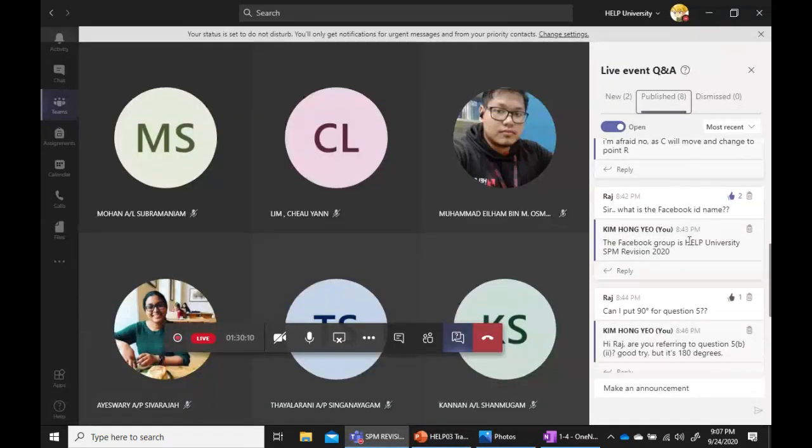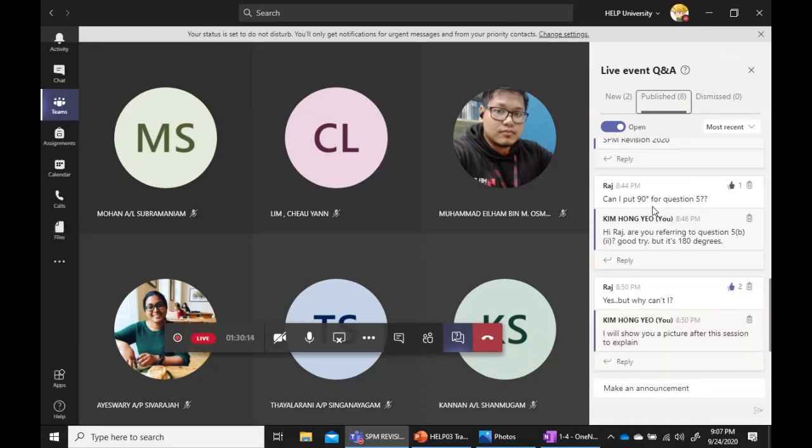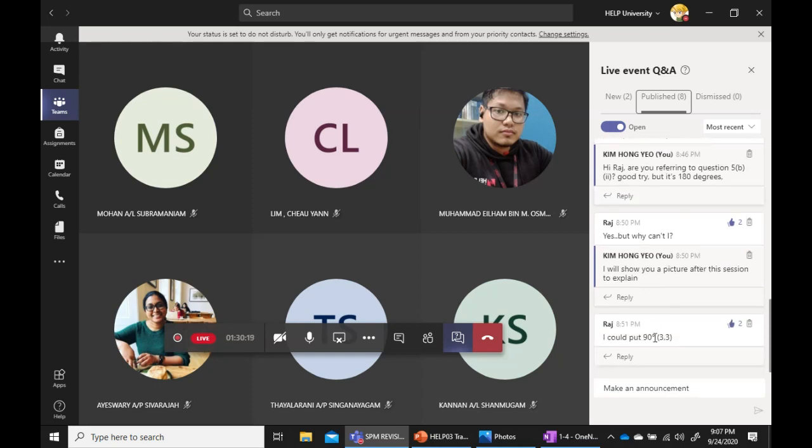the question asked by Rush. Rush, if you use 90 degrees instead of 180, you will get this one, you propose this answer, right? So I will show you this. You didn't specify clockwise or anti-clockwise, so I did both for you.